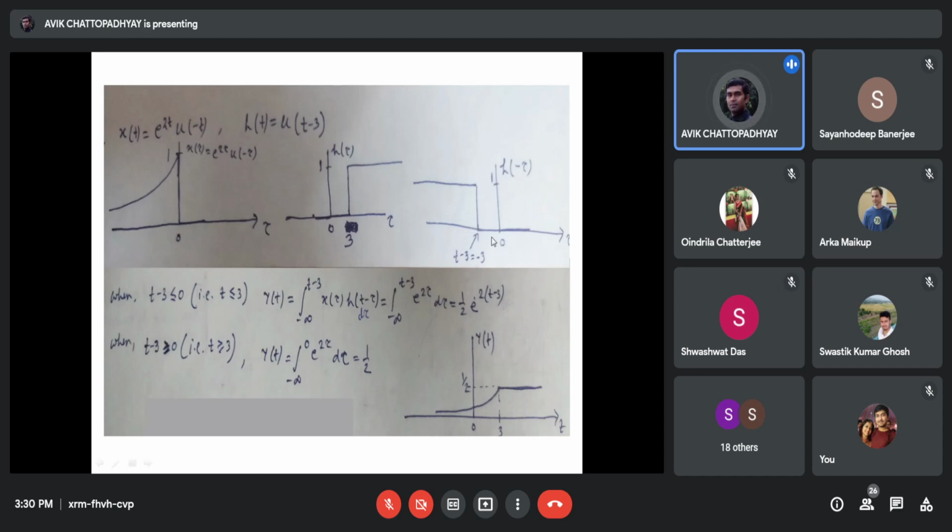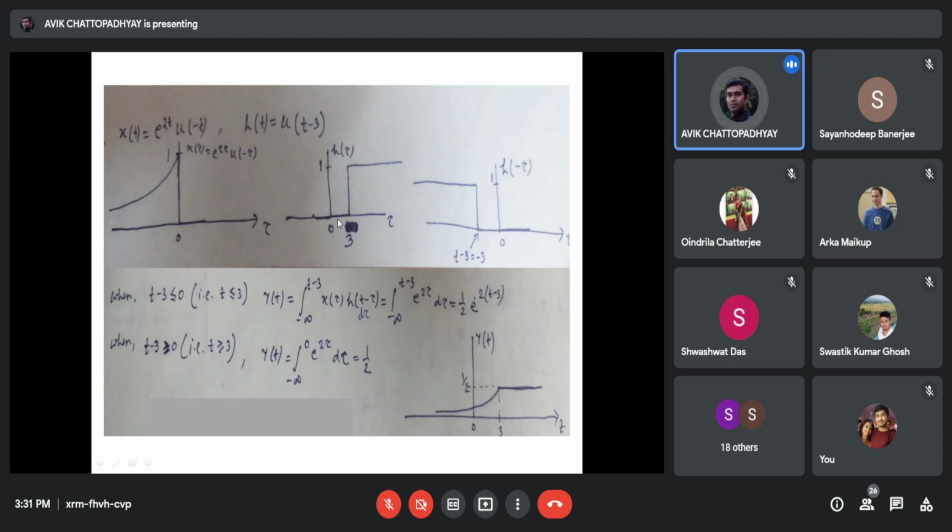So when this t minus 3 point is less than or equal to 0, that means from here we can write that t is less than or equal to 3. So when t is less than or equal to 3, what is going to happen?